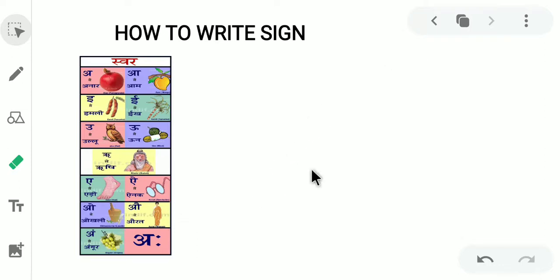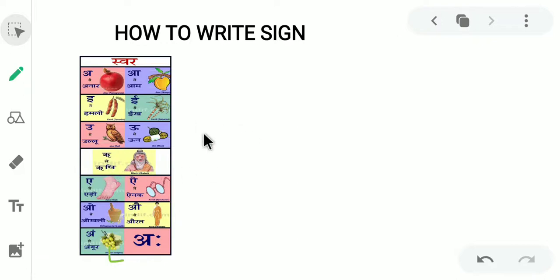And these two terms are hardly used, so I'm not writing them. I'm going to explain this also. Suppose you have to write the sign of ang.